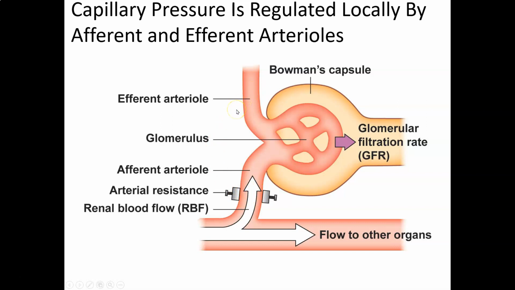It was not just a misjudgment of the artist. They drew it on purpose because the afferent does have a larger diameter. And again, that's a decrease in the resistance, which then increases the fluid into the glomerulus, which then increases the net filtration pressure to keep GFR high.